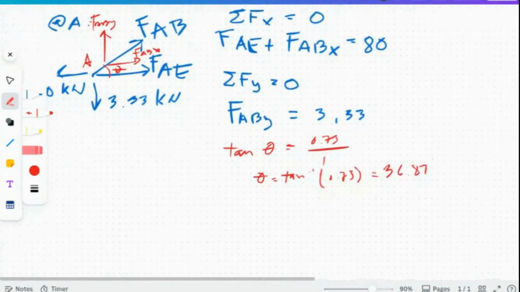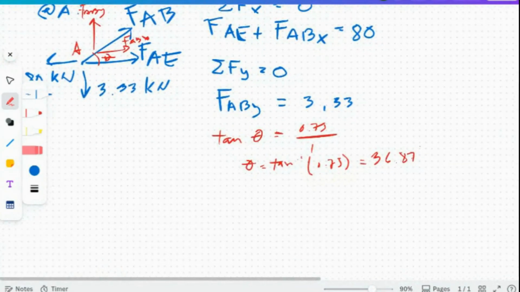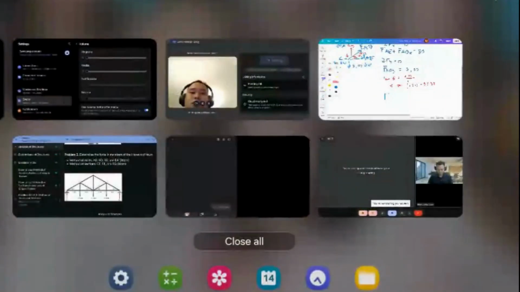So when you're trying to solve for your FAB, you only need to use that angle.